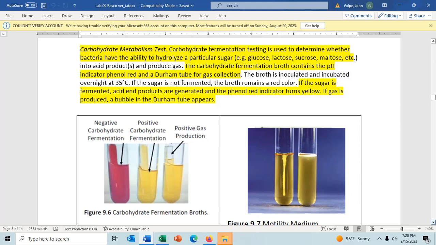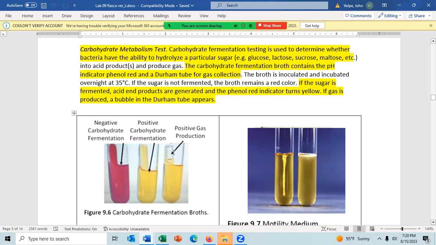If the sugar can be metabolized, it will produce acid products in fermentation, and that will change the media to yellow. If you see yellow color, you score this A for acid. And then you look in the inverted Durham tube and see if there's a bubble.